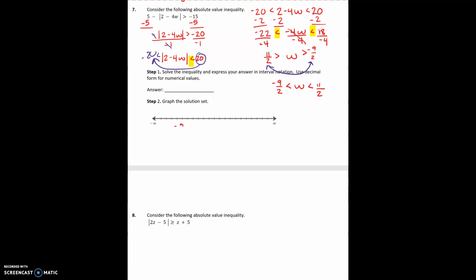Okay, so negative 9 over 2, 11 over 2, and shading between. So in interval notation, there we go. I'm just seeing it says use decimals, so that'll be negative 4.5 and 5.5 as opposed to the fractions.